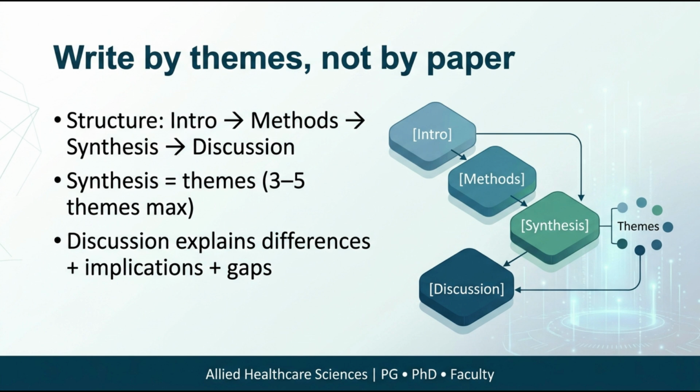Theme 2 is antibiofilm mechanisms. Theme 3 is assay models and limitations. Then in discussion you do 3 jobs: explain why results differ, show implications for practice or research, and state the gaps clearly.